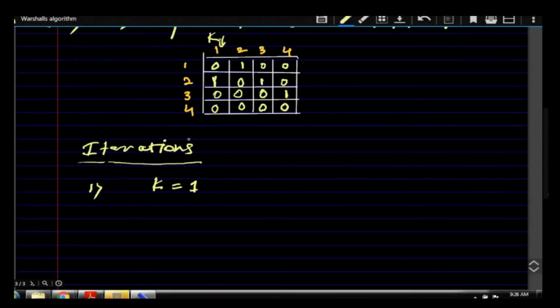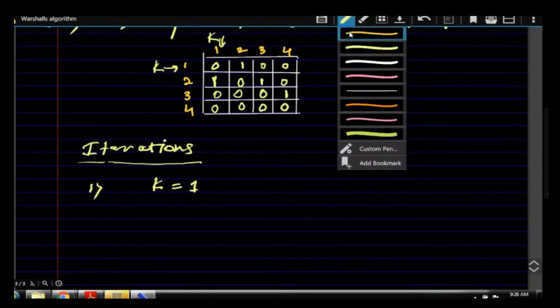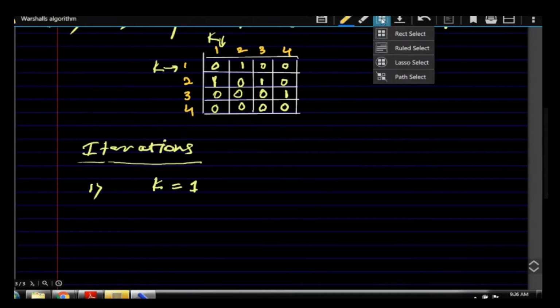Whenever you are representing k equals 1, you have to write this as k equals 1 here. So this is the first row in k equals 1. And then next you have to check which row contains 1 if k equals 1. So you have to consider this. Let me copy paste.